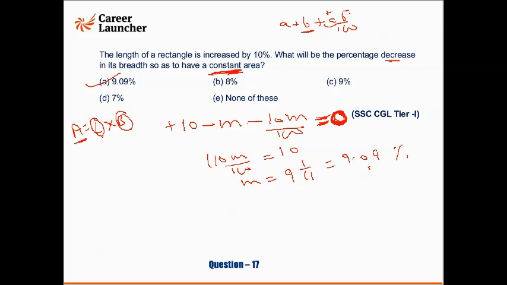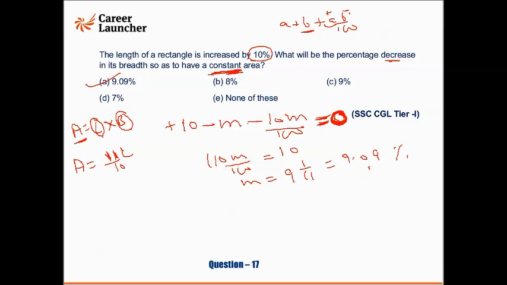Okay. Now see, the general approach is we are increasing length by 10%, correct? So that means 10% increment, that is length becomes 11 by 10 times L, correct? I hope this is clear how this became 11 by 10, because 10% of L is 1 by 10, so 1 plus 1 by 10 becomes 11 by 10 L, okay?